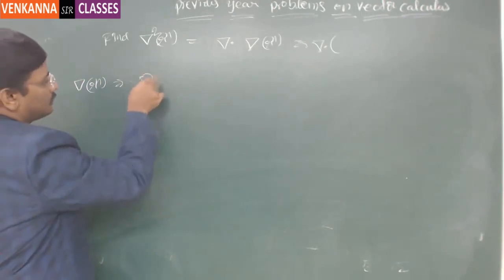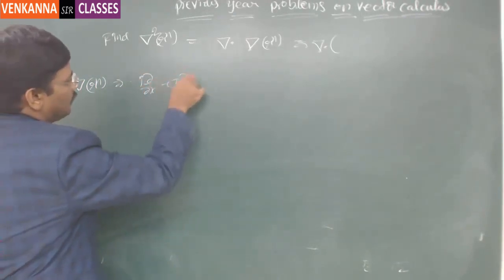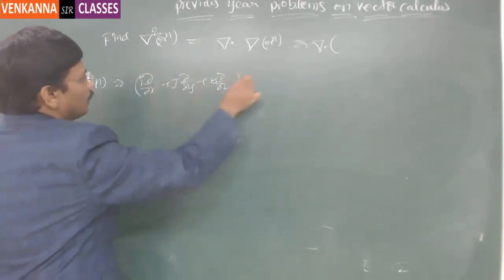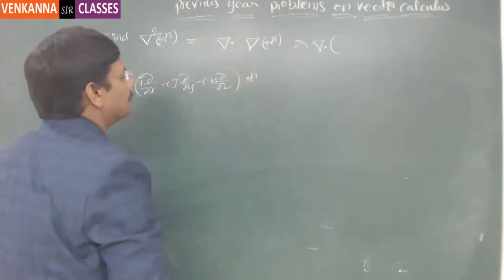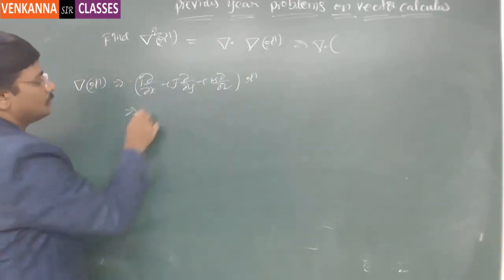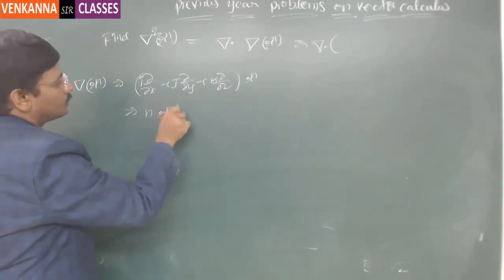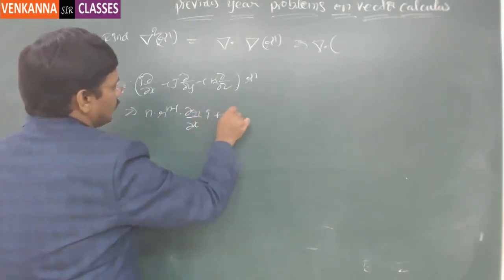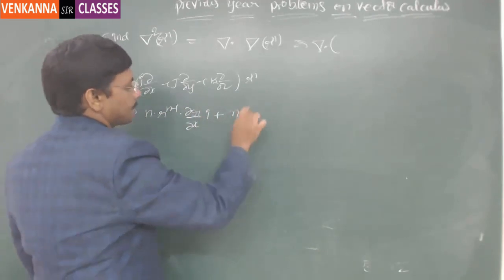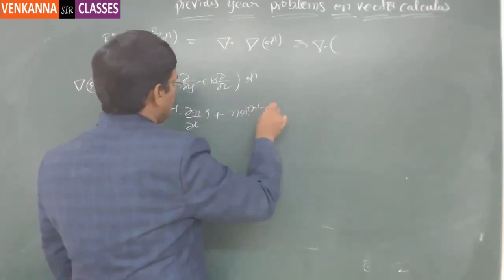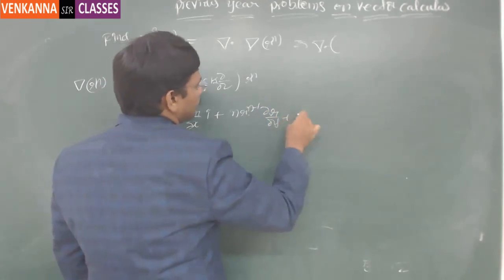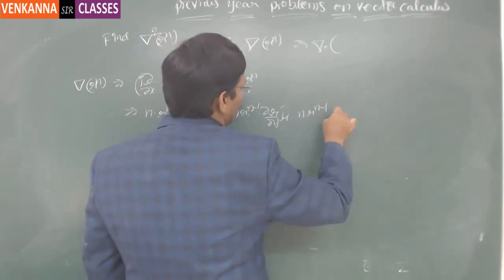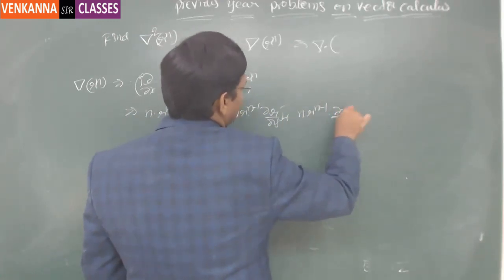I dou by dou x plus j dou by dou y plus k dou by dou z operated on r power n. Now if you operate this, then this is going to be n into r power n minus 1 into dou r by dou x into I plus n into r power n minus 1 into dou r by dou y into j plus n into r power n minus 1 into dou r by dou z into k.